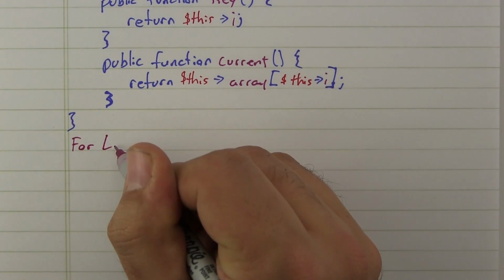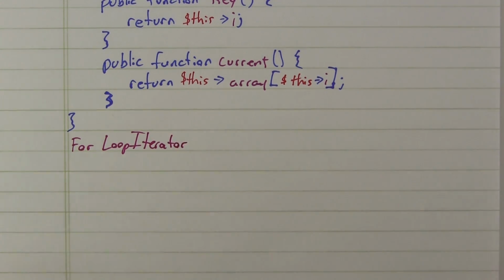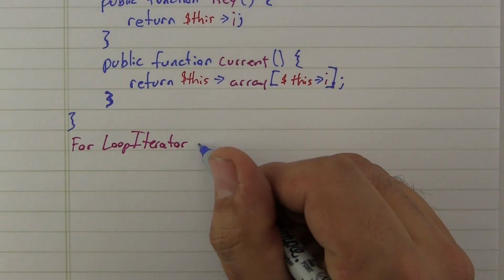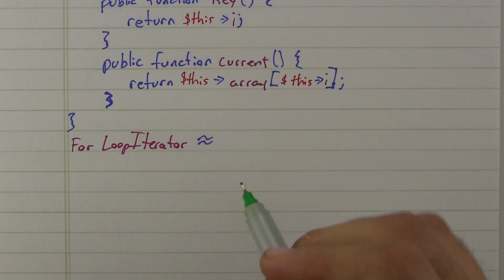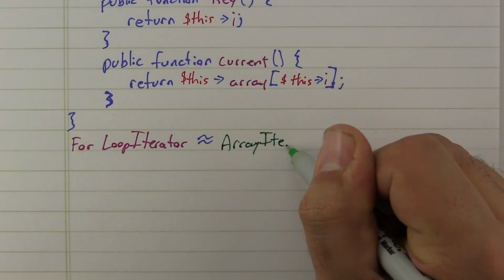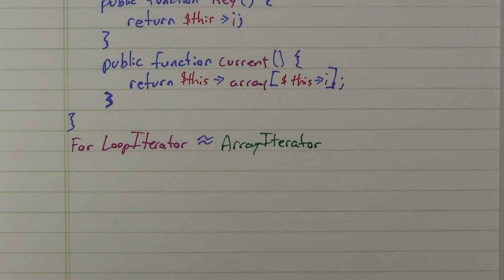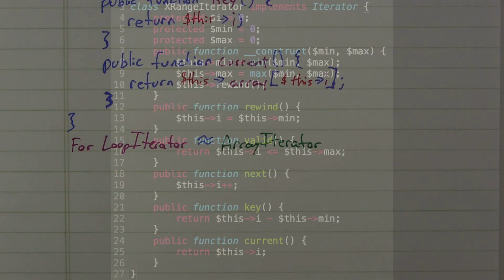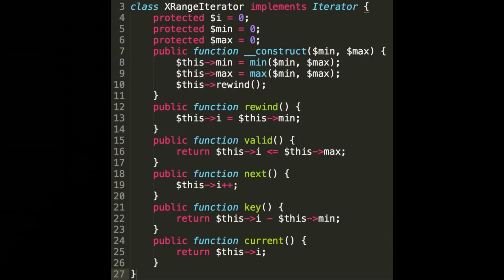So now that we have the basic iterator concept, let's talk about what we can do with it. One of the benefits of using an iterator is that you can save significant amounts of memory by only generating values that are needed when they are needed. For example, let's say you want to generate a large integer sequence, similar to the range call, but we want it to be dynamic.